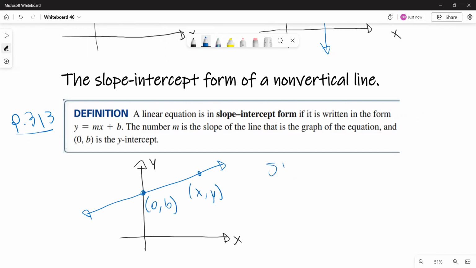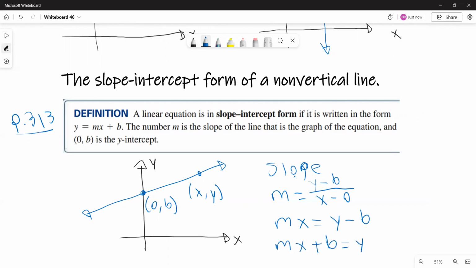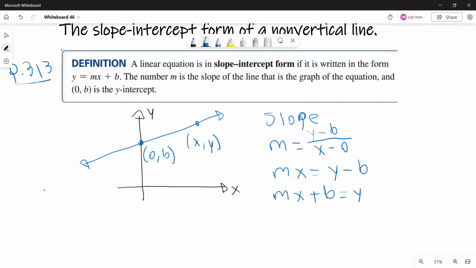And if the line is non-vertical, the slope is m, and m is (y minus b) over (x minus 0). x minus 0 is x, so mx is equal to y minus b, or mx plus b equals y. So y equals mx plus b. This is where the slope-intercept form is coming from.